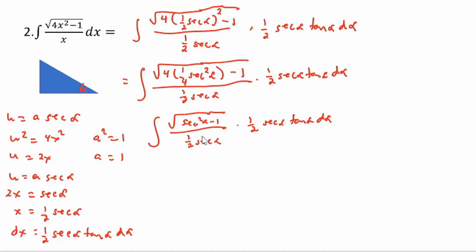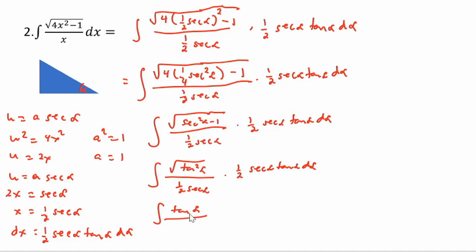But using the identity for the radicand, secant squared alpha minus 1, we can write the square root of tangent squared alpha over 1/2 secant alpha times 1/2 secant alpha tangent alpha d alpha. But the square root of tangent squared alpha is just equal to tangent, so we can write now tangent alpha over 1/2 secant alpha times 1/2 secant alpha tangent alpha d alpha.